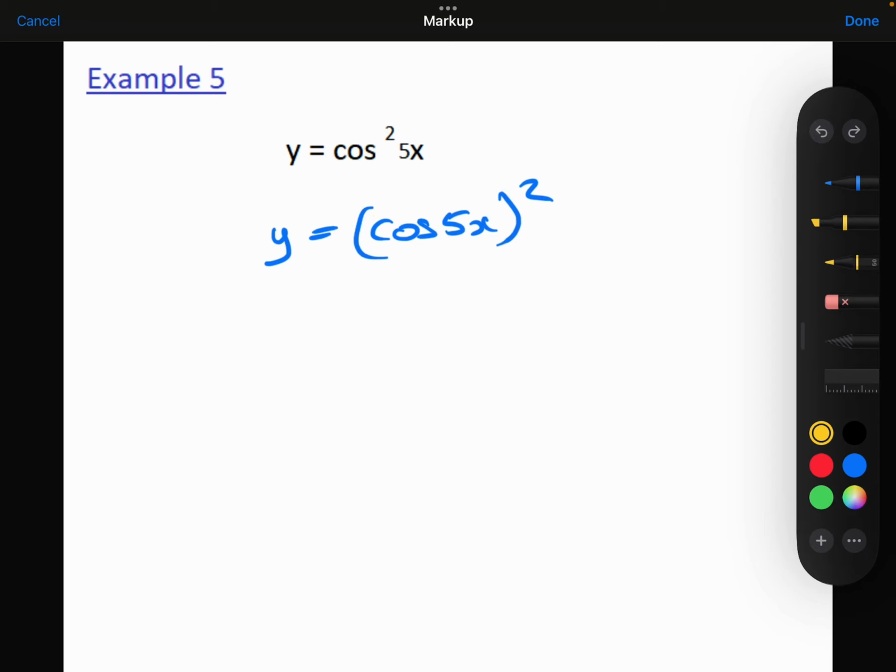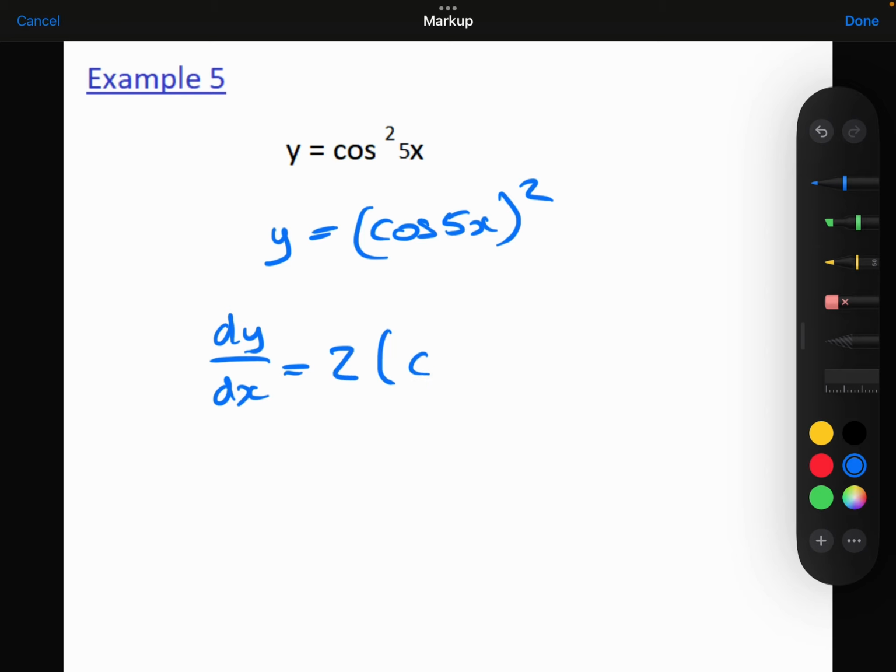So thinking of it in those terms, we can now notice that we've got cos 5x inside the squared function. So we're going to differentiate the squared function first, because it's on the outside.